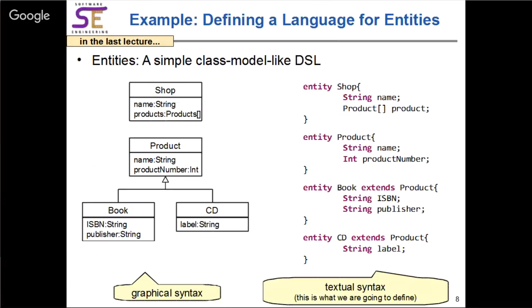So we don't want to create editors using a graphical syntax, but we want to create editors that support a textual syntax as shown on the right. So let's start with an example of how such a syntax can be defined.